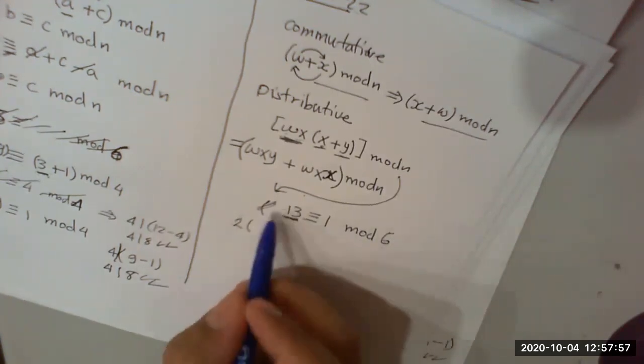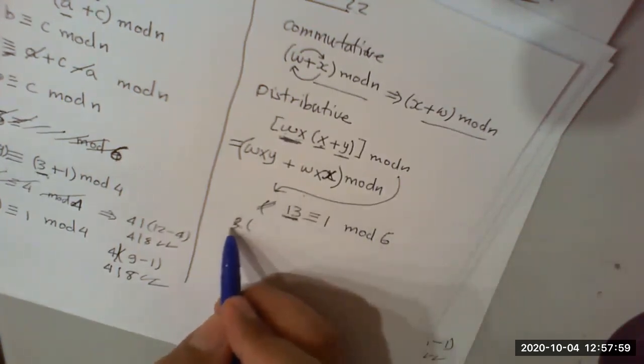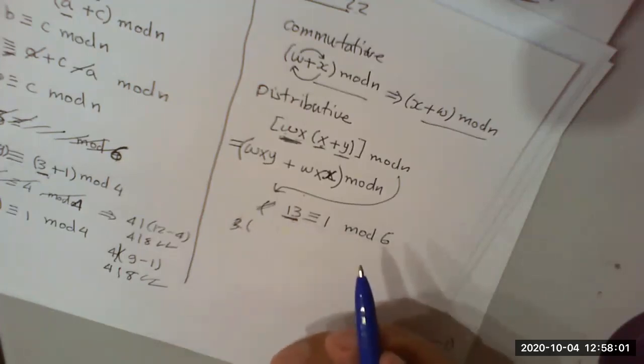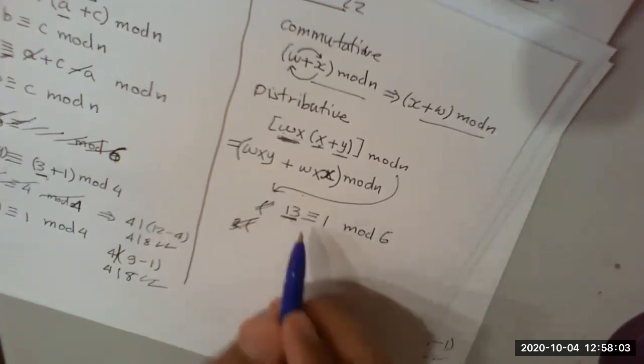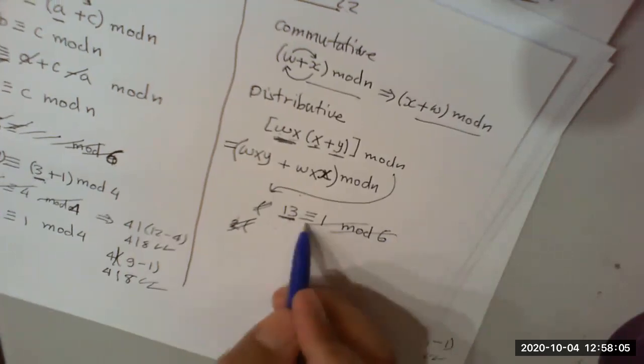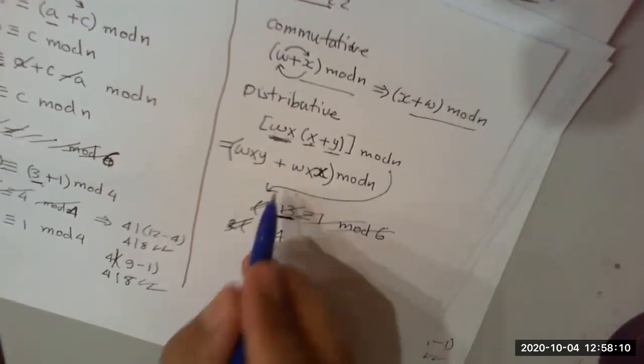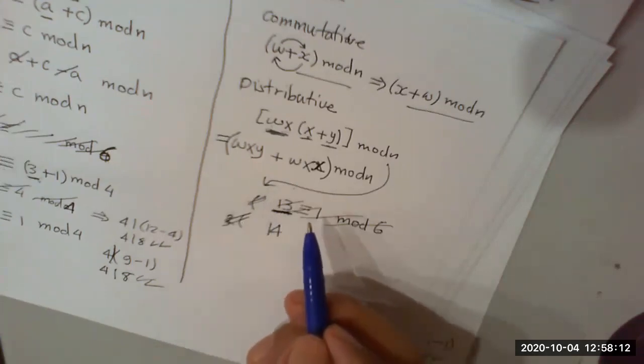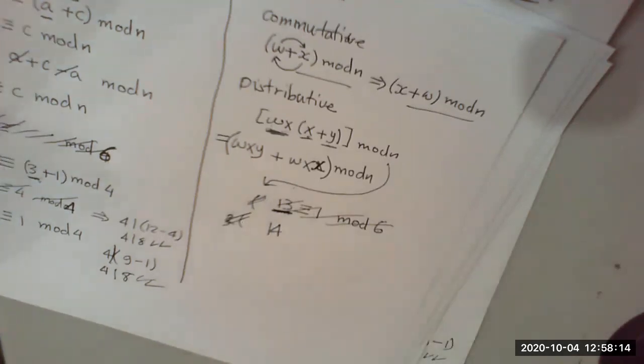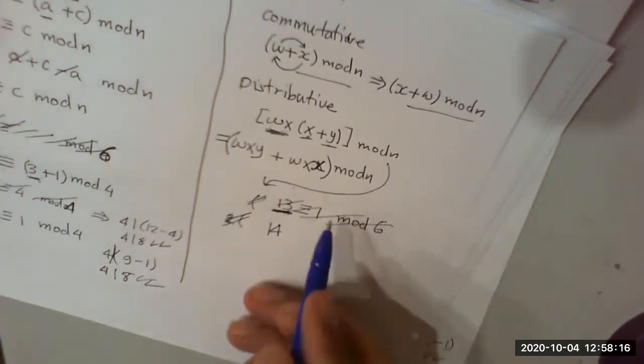I cannot write 13 like 3. It's not divisible by anything. It is a prime number, so it doesn't work. Okay, let me have another one. 14. This is a prime number. You cannot factorize it. You understand? So this example is not going to work.